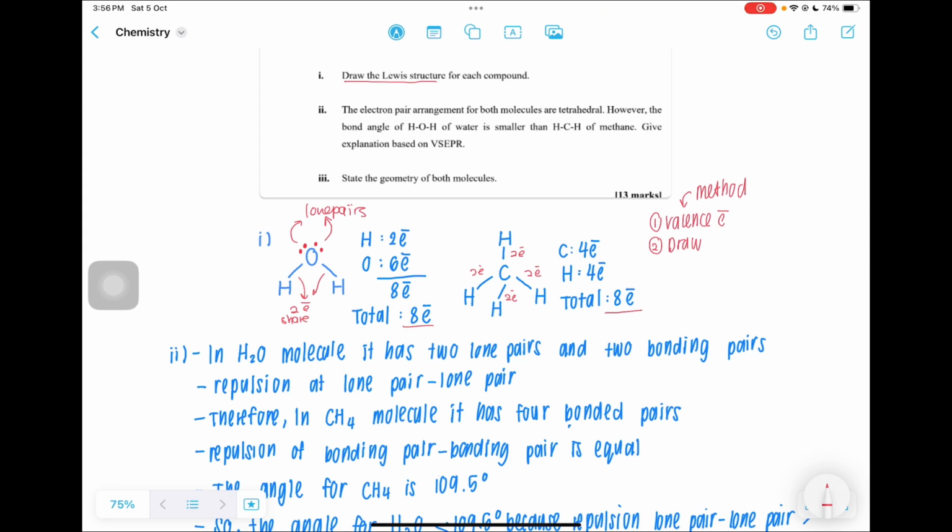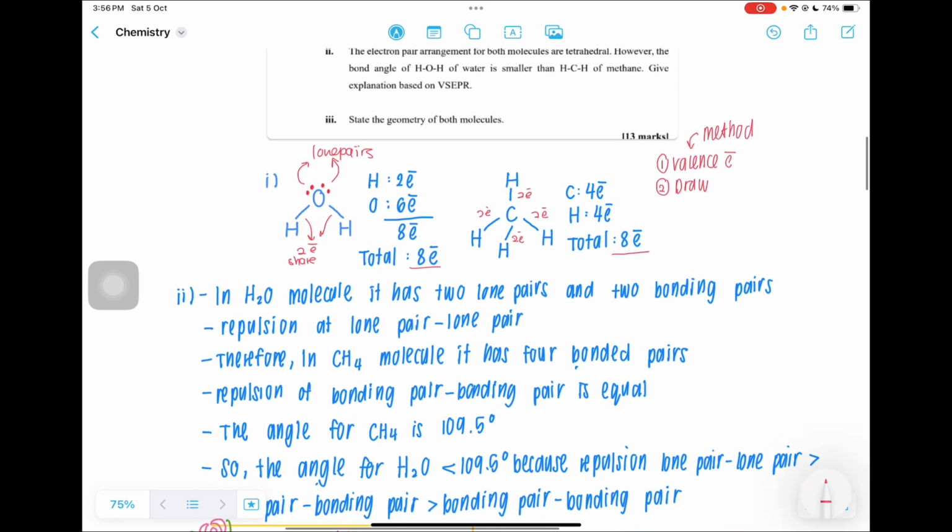So we go to the next question. It states that the electron pair arrangement for both molecules is tetrahedral. However, the bond angle of H2O, water, is smaller than methane. Give explanation based on VSEPR.